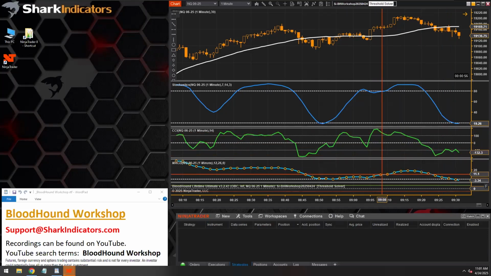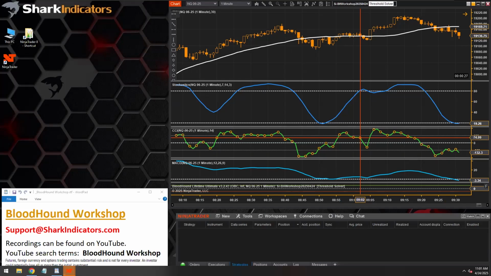Same thing with the MACD, which oscillates above and below the zero line. So you can identify whenever these indicators are inside some kind of normal range, or outside some kind of range. And the values of those ranges are threshold levels.